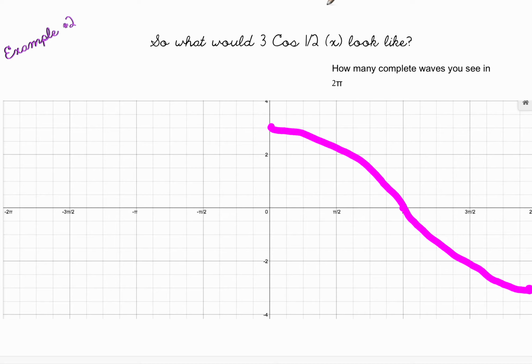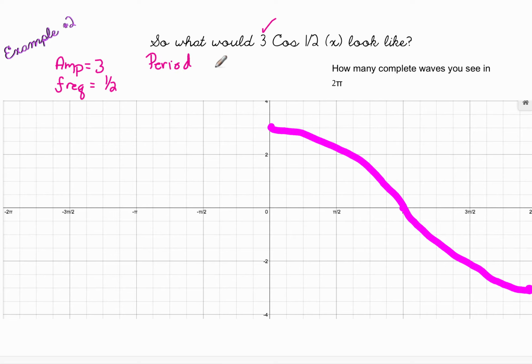So if I studied this more, I've got my amplitude is 3, check. My frequency is 1/2, so do I see half a wave in 2 pi? Yes.